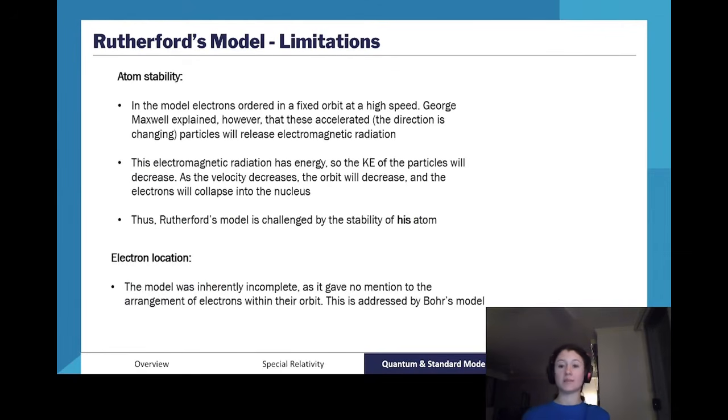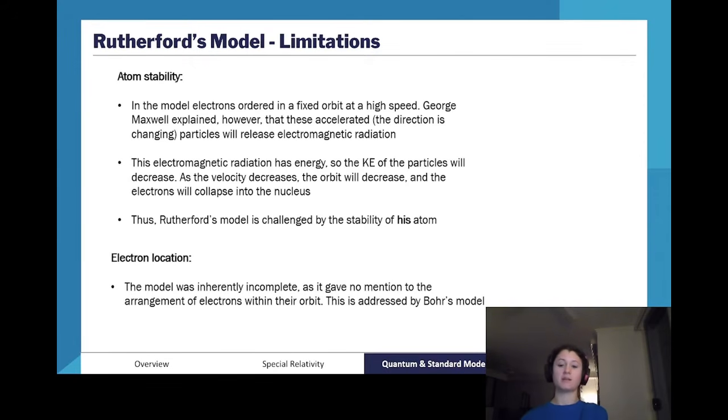There are actually limitations of Rutherford's model, reasons why it isn't so great. The main one is that Rutherford's model predicted that atoms would be super unstable, right? It predicted that atoms would actually collapse in on themselves. The reason is that our electrons are moving around in circular or ellipsoid orbits, but they're changing direction, which means they're accelerating.